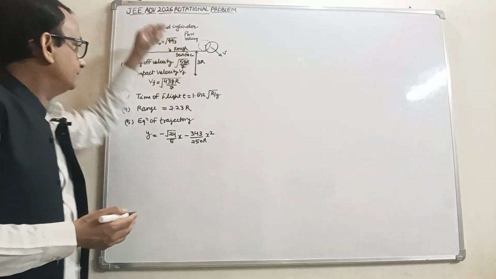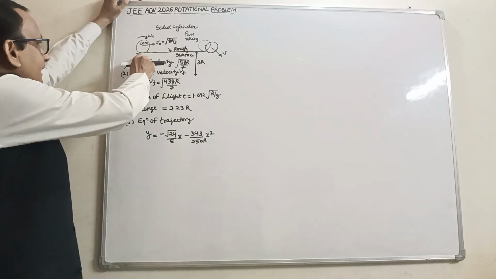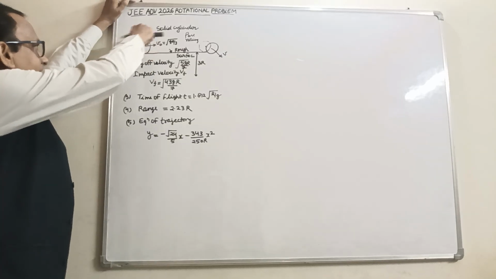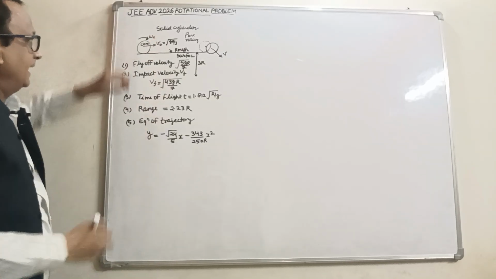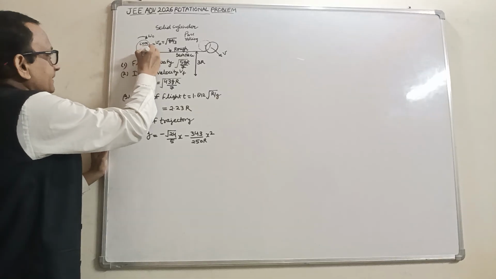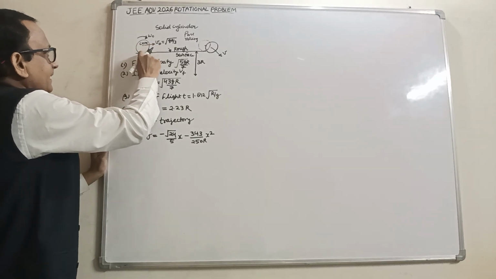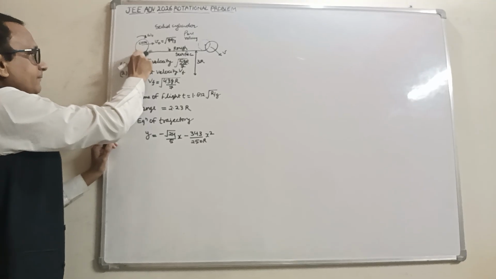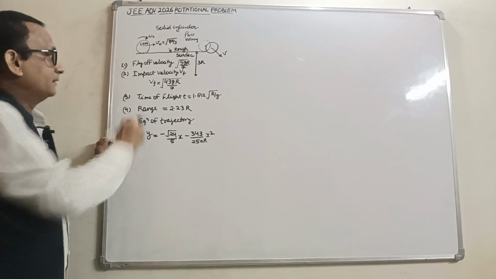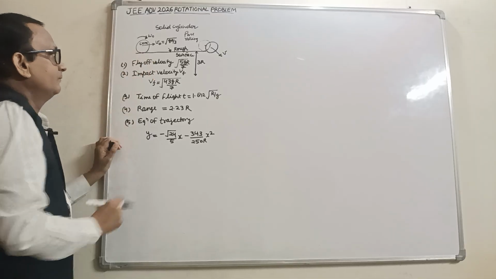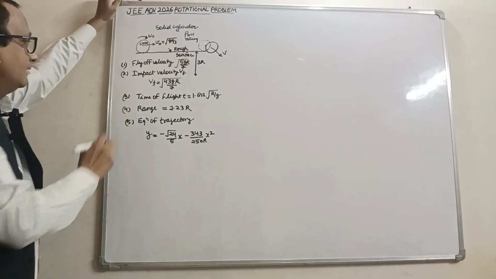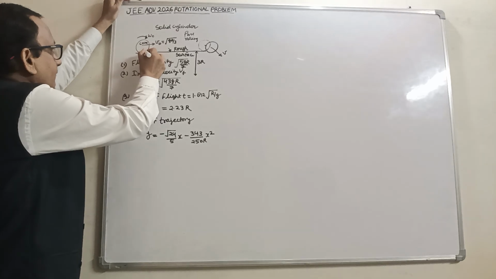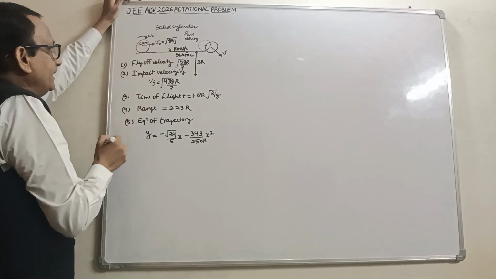When this cylinder is rolling, the contact point is an instantaneous point. At that instantaneous point, the velocity would be zero, because this is pure rolling.